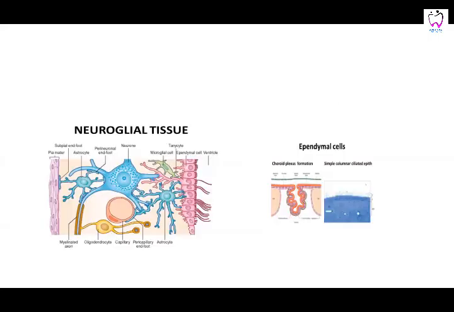Again, you can see the microglia, the defense mechanism. These astrocytes provide nutrition and also have the supportive function. Ependyma lines the cavities. If you see these ependymal cells, they form a double layer. It forms the choroid plexus, that is, it produces the CSF. It lines the cavities of the brain.